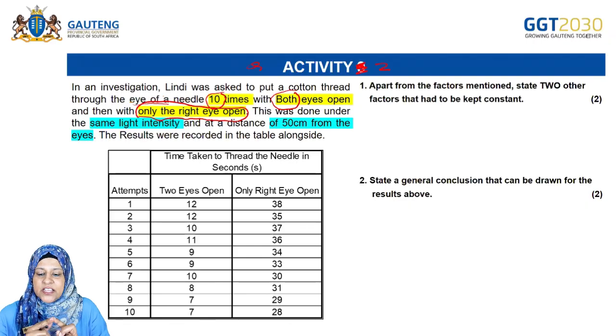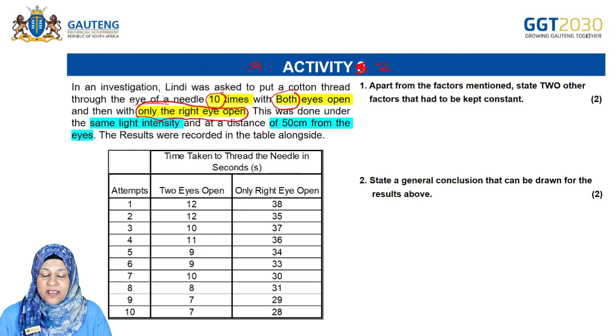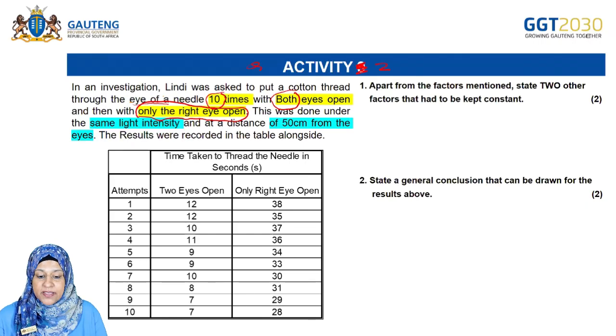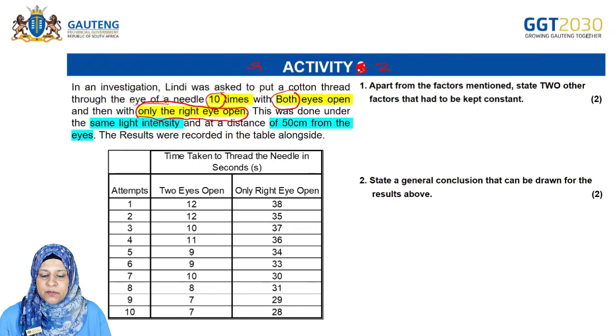And then it was done under the same light intensity at a distance of 50 centimeters. Okay? Right. And then she was asked to do the same thing, but with only the right eye open. It was done 10 times, 50 centimeters away. Both eyes open, one eye open only, and that was the right eye. And the results are in the table below.